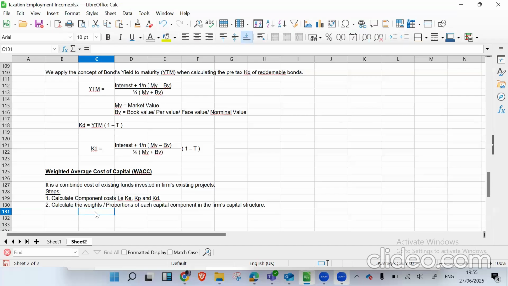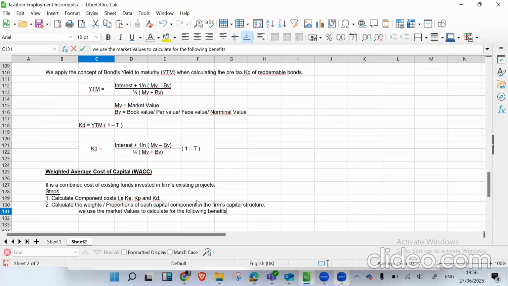Then under that you say, we use the market values to calculate weights, for the following reasons, for the following benefits.